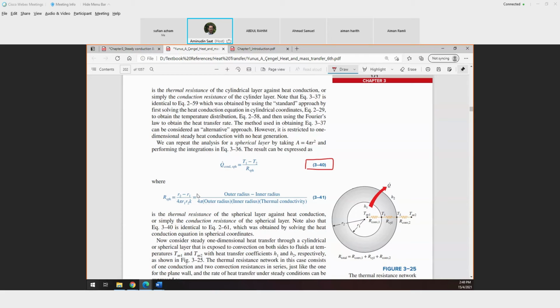We repeat the analysis for the spherical layer, performing the integration of equation 336, and you will have the conduction resistance for the spherical in this form.